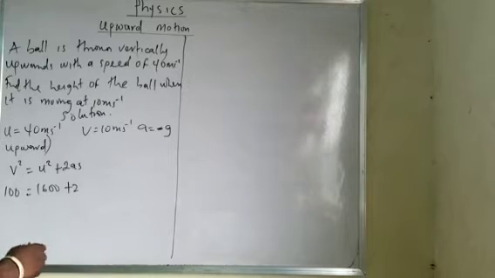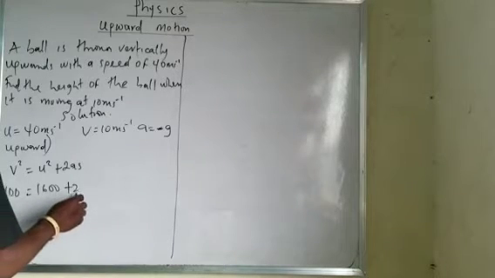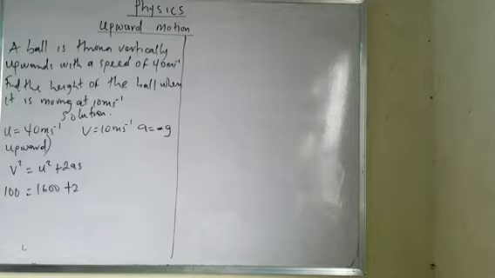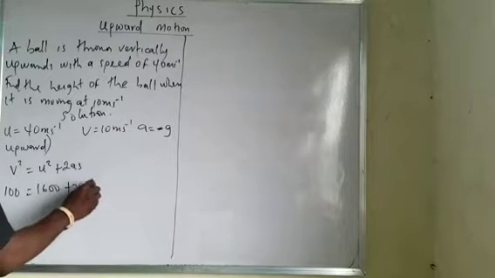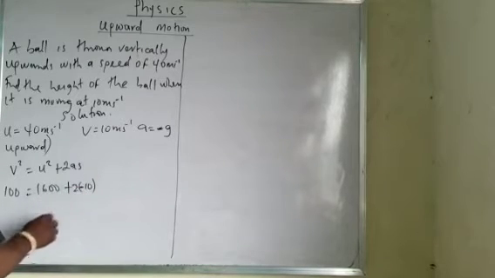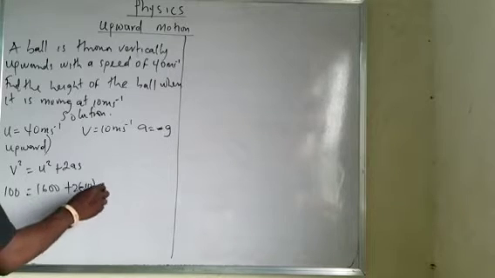Find the height, we are looking for x. My gravity will be taken as upward, so I'll have minus 10 with x.